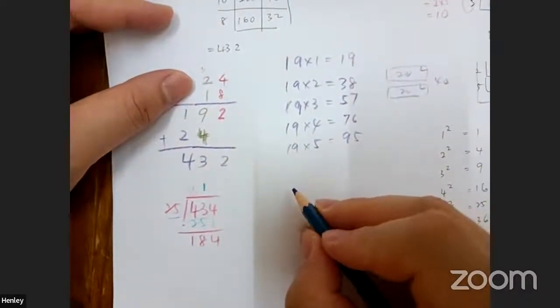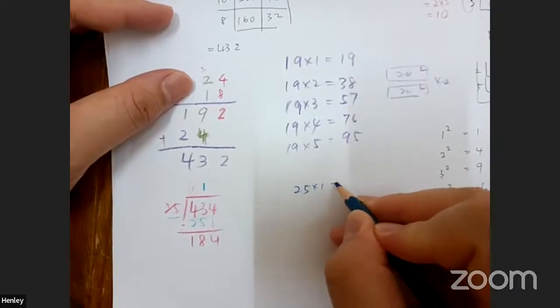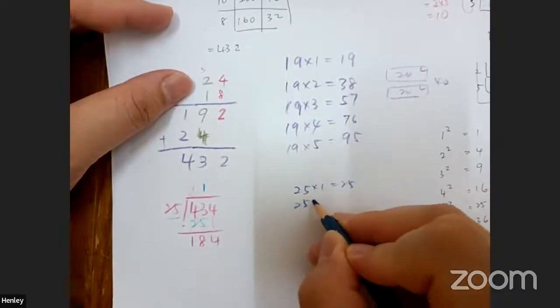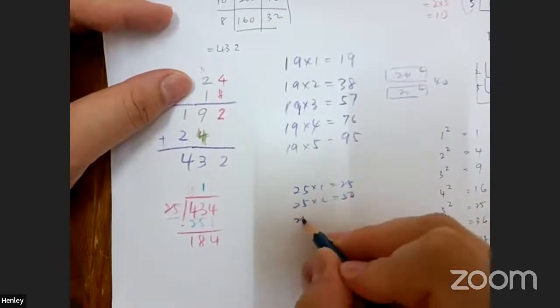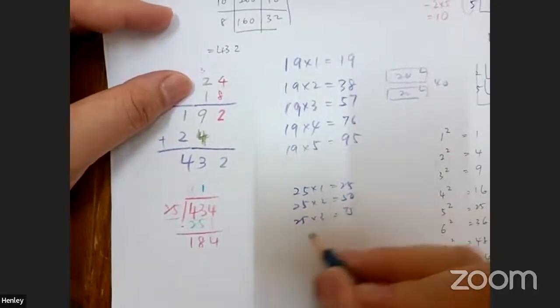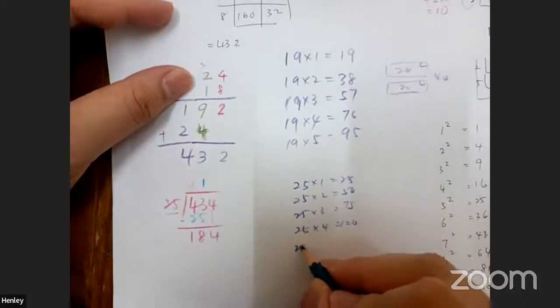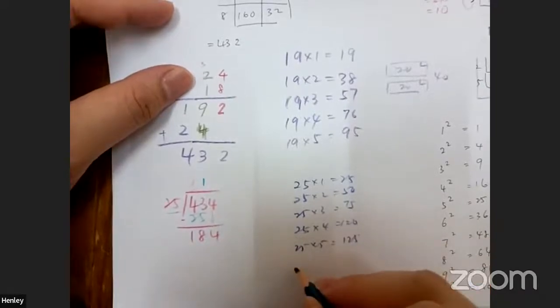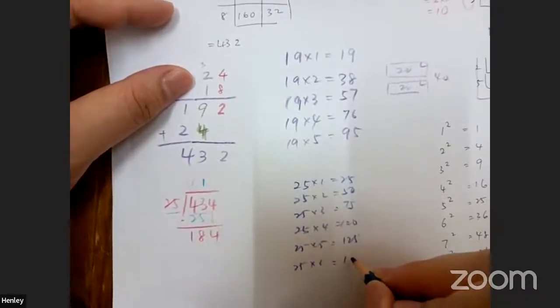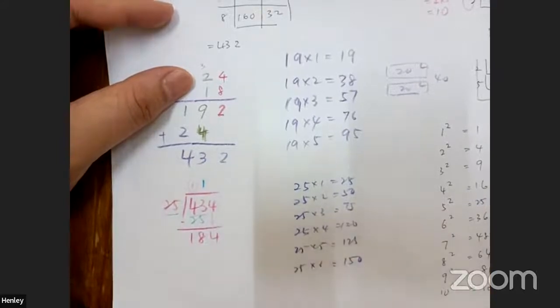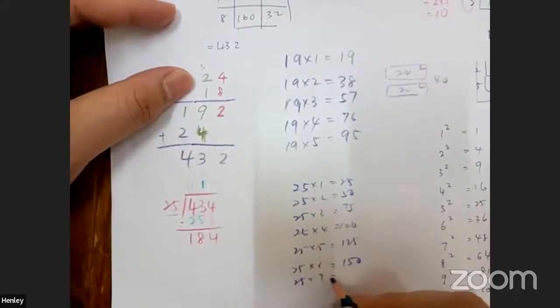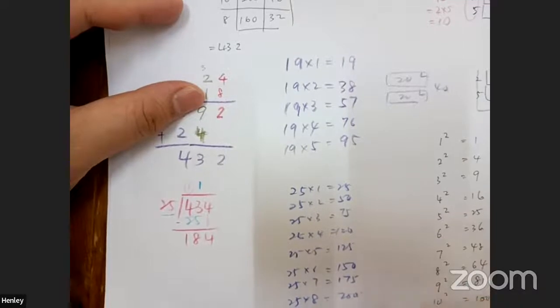If you have free time, always write 25's multiples. 25 times 1 is 25. 25 times 2 is 50. 25 times 3 is 75. 25 times 4 is 100. 25 times 5 is 125. 25 times 6 is 150. 25 times 7 is 175, sorry. 25 times 8 is 200.